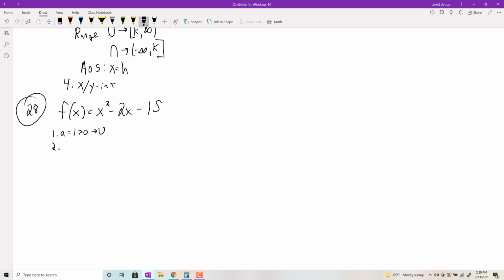The vertex, the x coordinate is negative b, so negative negative 2, all over 2 times 1, which will be 2 over 2, which is 1. Then you take the 1 and you plug it into the f of x to get the k formula. So it's going to be 1 squared was 1, minus 2 times 1 is 2, minus 15. So I get negative 16 for my y coordinate.